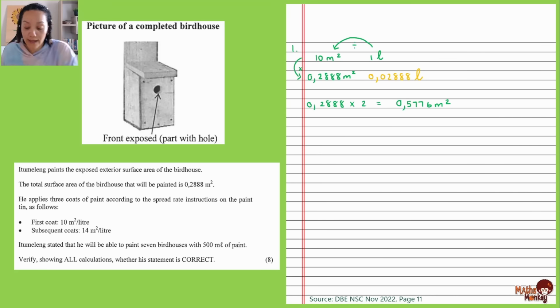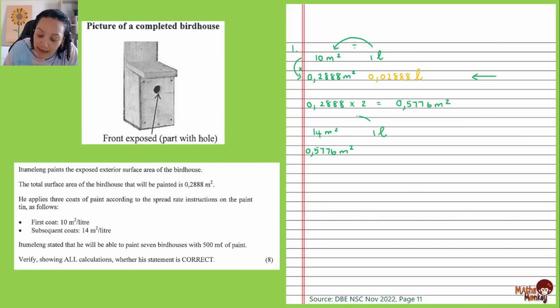Now I have the surface area that will be painted at the second spread rate, which is 14 meters squared per 1 liter, and I need to cover 0.5776 meters squared. Like I mentioned, the first coat is done, and now I'm calculating coat 2 and coat 3. I doubled the surface area because coat 2 and coat 3 are going to be covering the same surface.